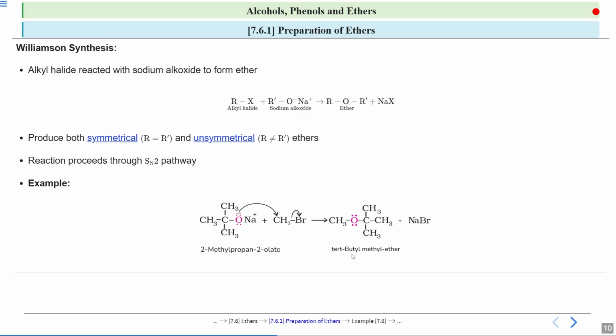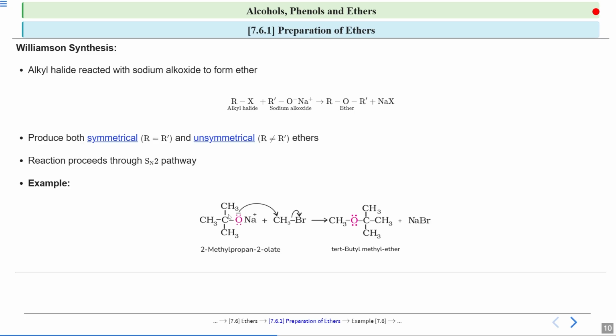If in case you reverse it, that means your alkyl halide is a tertiary or secondary alkyl halide, then what will happen? In that case, ether will not be formed. Alkene will be formed. So this is the catch in Williamson synthesis.